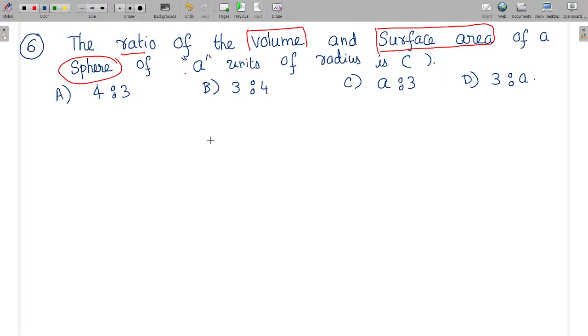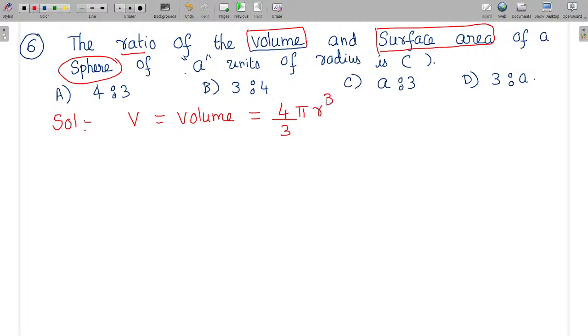This problem is related to the sphere itself only. First of all, we need to evaluate volume. First, let us evaluate volume of a sphere. So volume, let us say V. Volume of a sphere is 4/3 πr cube.